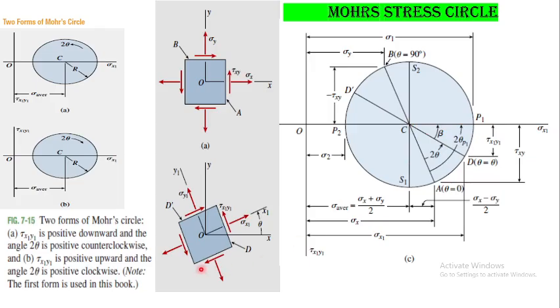This component will give you sigma x1, and this r sine beta will give you tau x1y1. And you can see from here, this point is tau x1y1, and from here, if you look, this is sigma x1.